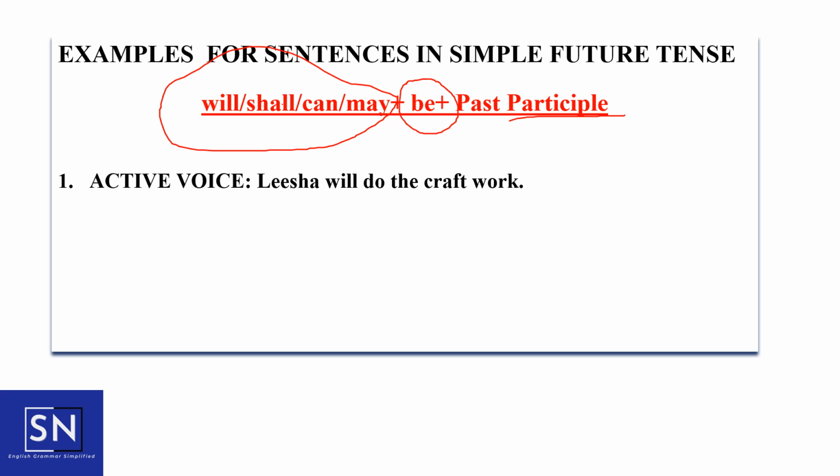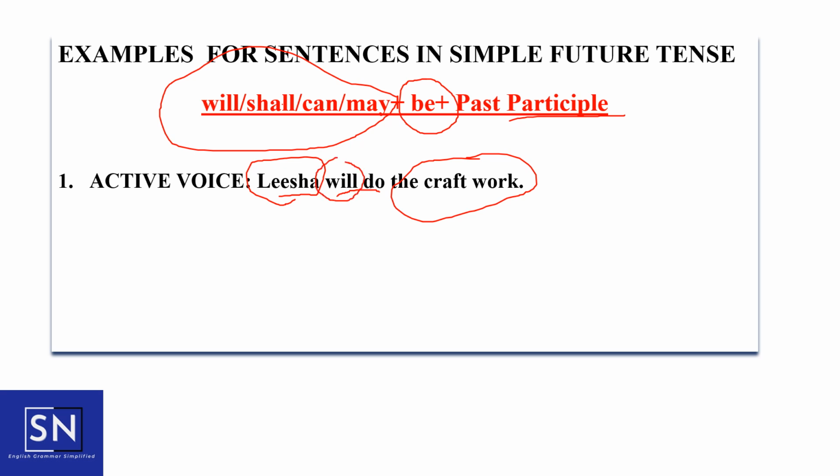The first one, active voice. Lisha will do the craft work. What is the subject? Lisha. The object, the craft work, and the verb here is will do. Okay, so when you change from active to passive voice, the craft work will be in the subject place and Lisha will be in the object place.